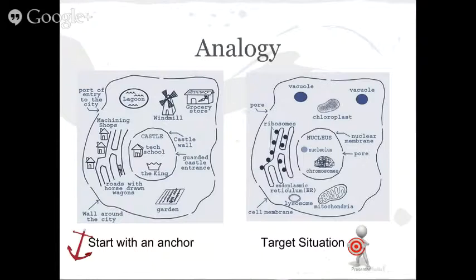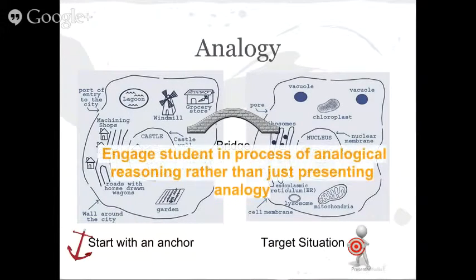And then they're going to try to apply that to the target situation, which is the cell and all the organelles within the cell. Sometimes, like I said, they're going to need a bit of bridging to make those connections. One thing that's pretty intuitive that the research pointed out was that rather than just presenting this analogy, you need to take the students through a process of making those connections.